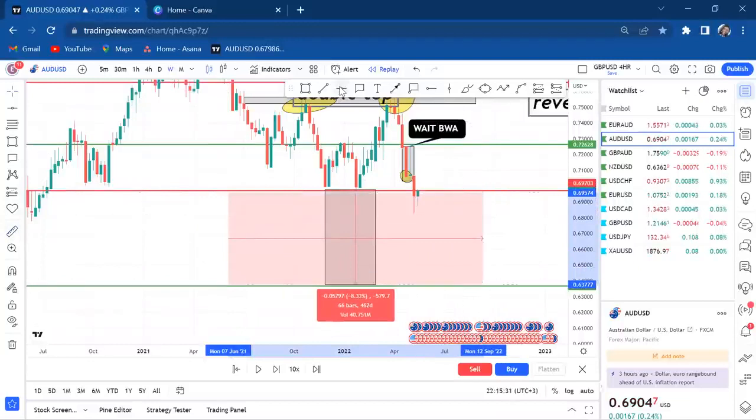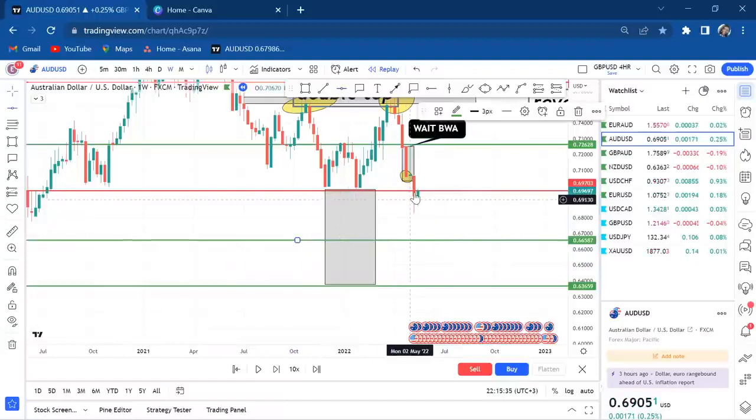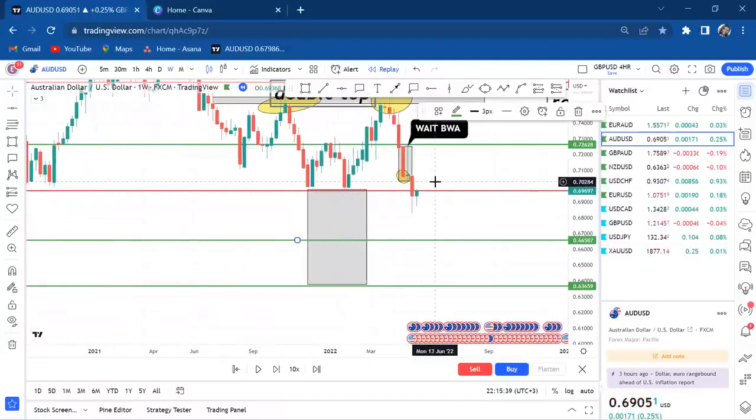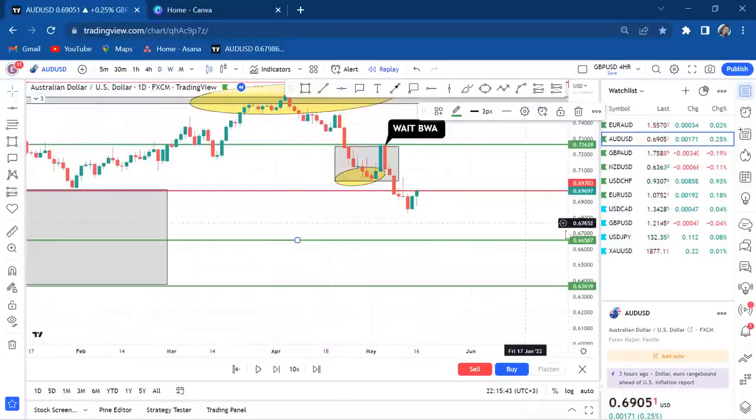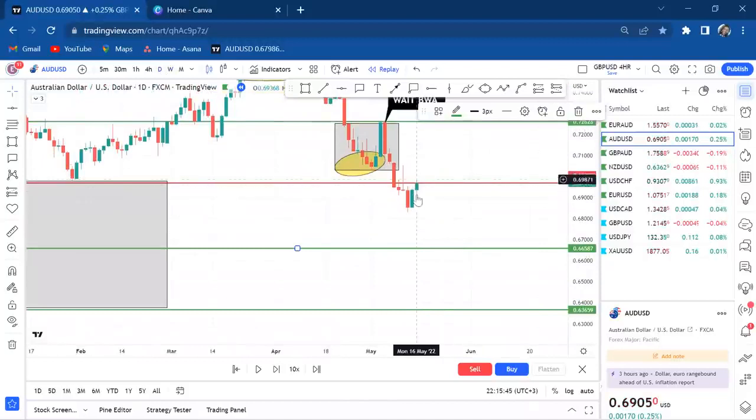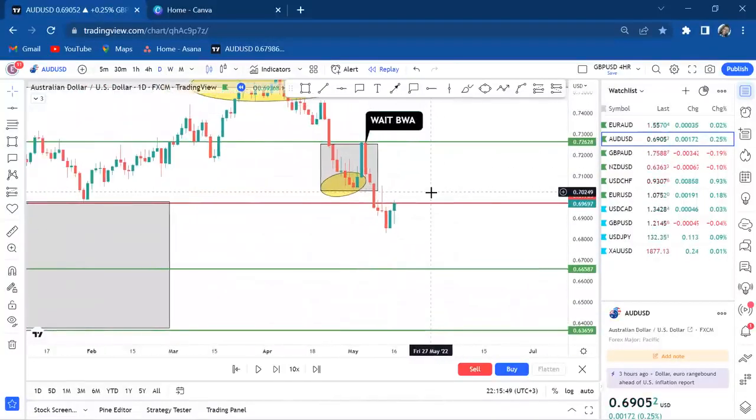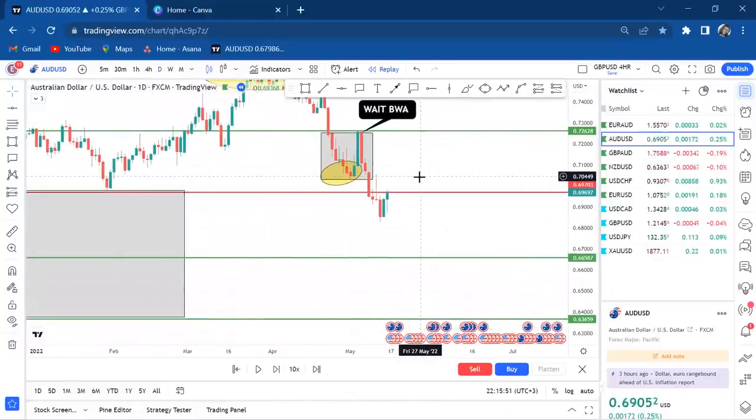So basically, this is what you do with a double top. The market broke. So if we flip to daily, we don't enter with a green candle. Of course, we'll be waiting for a red candle and we apply the WBB strategy.